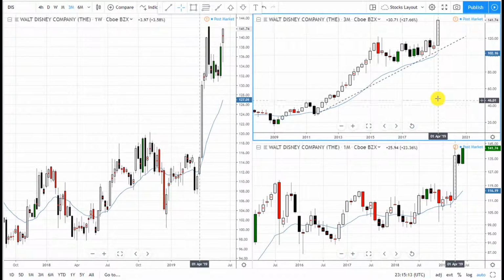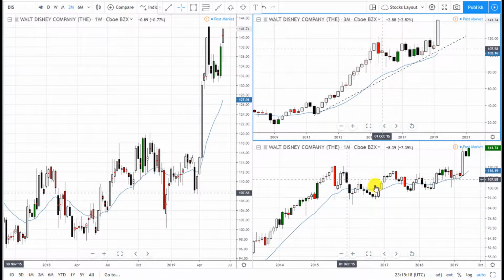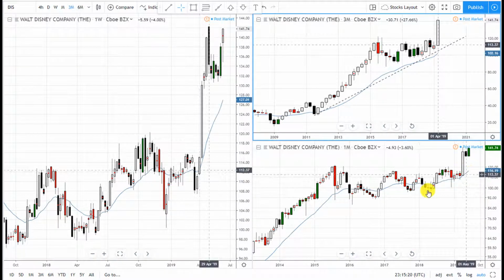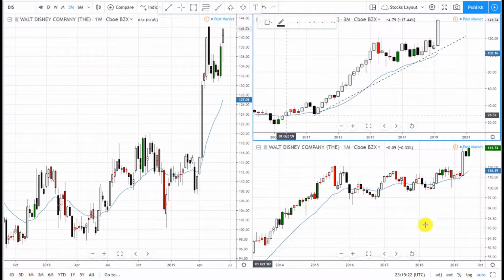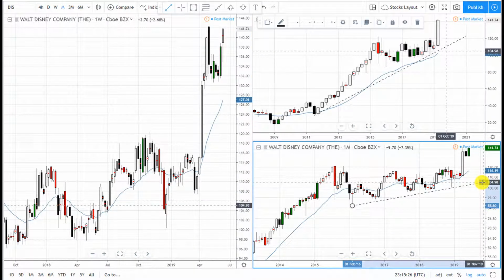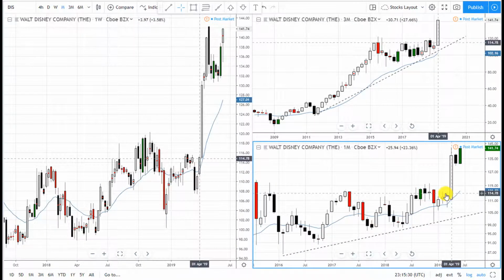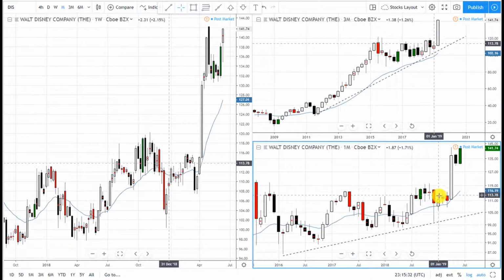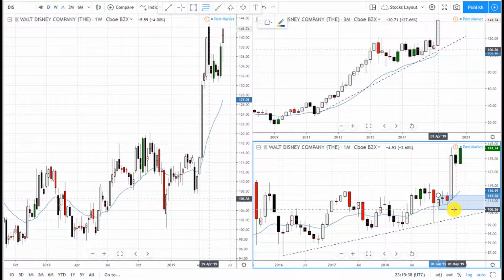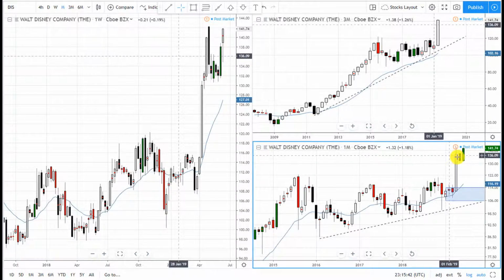Okay, let's take a look at the monthly. Monthly, same thing. It's in a clear uptrend. It's been ranging, but now it's in a clear uptrend. So let's draw our trend line. And it created a very good demand zone down here, with the rally base.